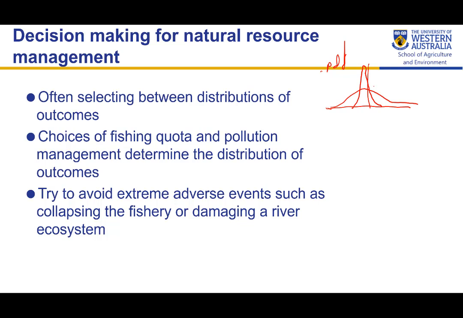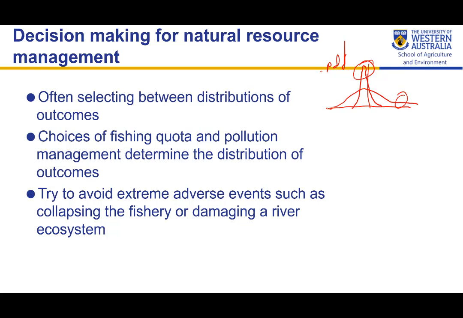That distribution represents a less risky distribution, and so risk averse individuals might prefer this distribution over this distribution. So this very flat distribution is likely to be viewed as inferior to this less risky, tighter distribution here.